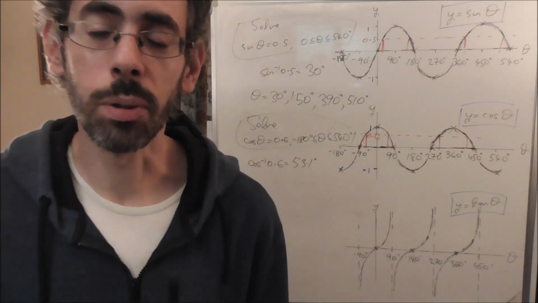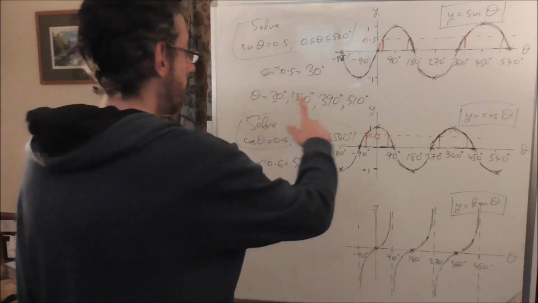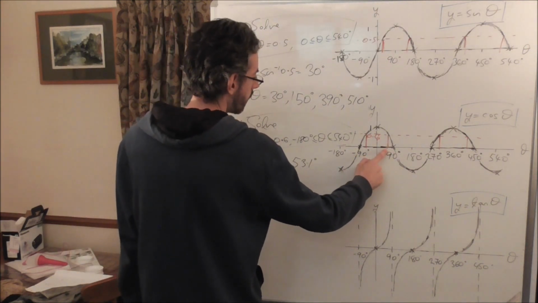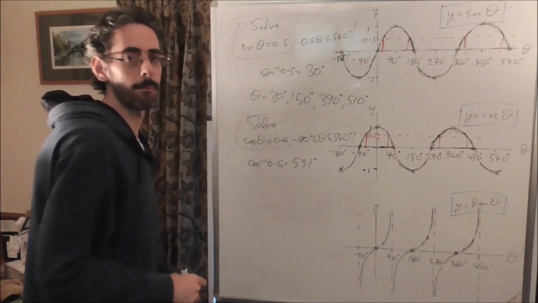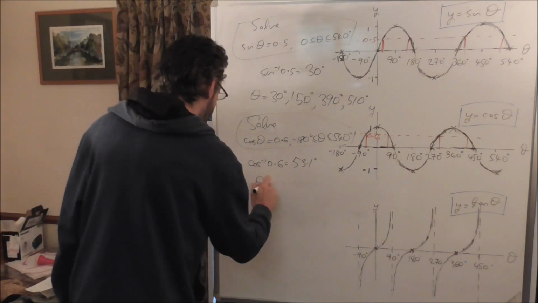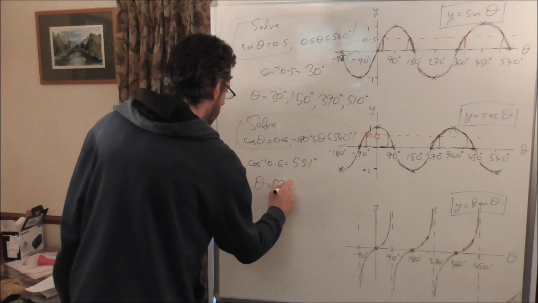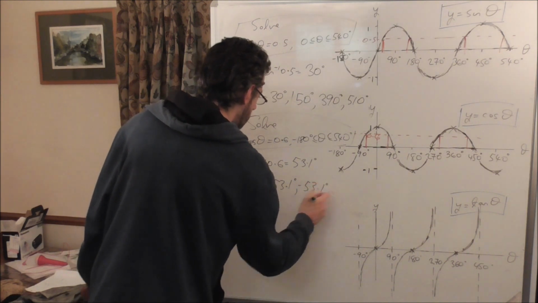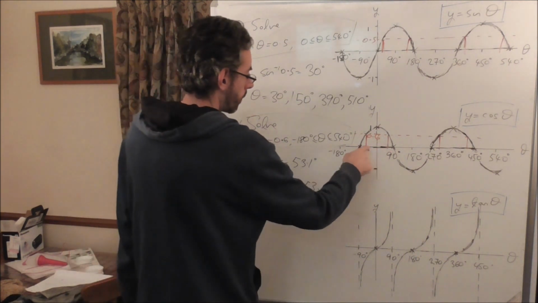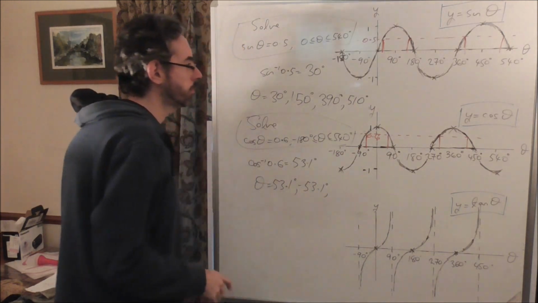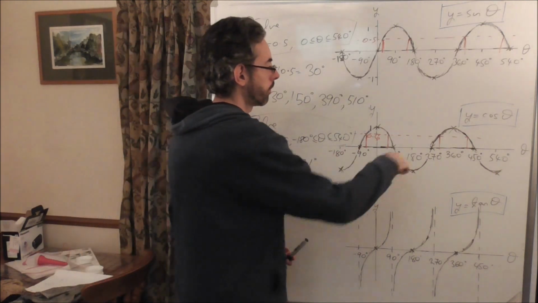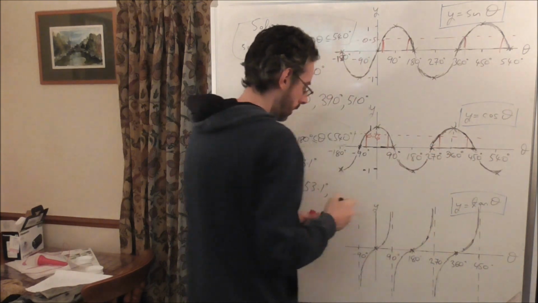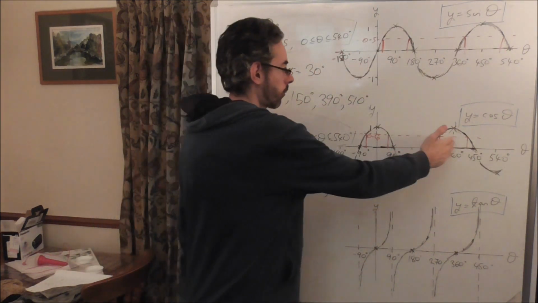Again, we can use the symmetrical properties of the graph and the fact that it repeats, because if that is 53.1, it means that that is minus 53.1. So we've got two solutions already, 53.1 and minus 53.1. These two angles are both 53.1 away from 0. So because the graph repeats, these two angles, here and here, are going to be 53.1 away from 360.